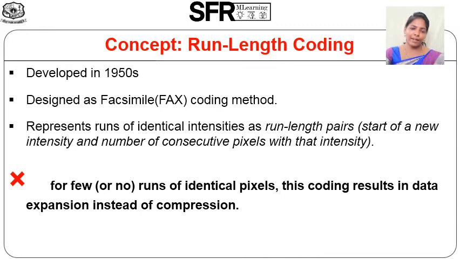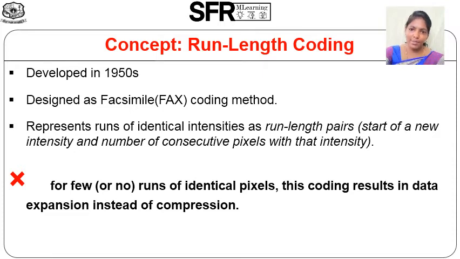This pair of data contains the intensity value which is repeated again and again in that particular image. We all know that a digital image involves a group of intensity values which make up that particular image. That intensity value may occur again and again.